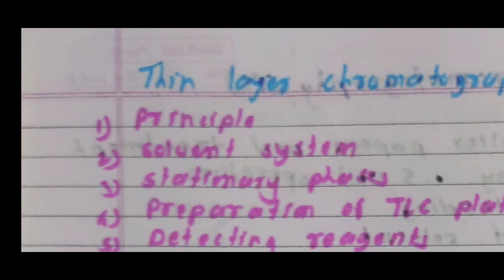Then what is the principle of TLC? Here the adsorbent is a surface active solid. It carries unsatisfied forces like ion-dipole, dipole-induced dipole, London forces, or a combination of these forces on its surface.